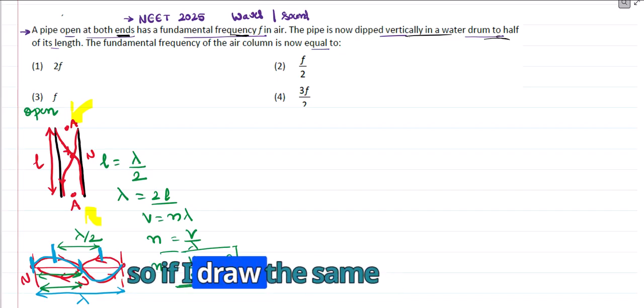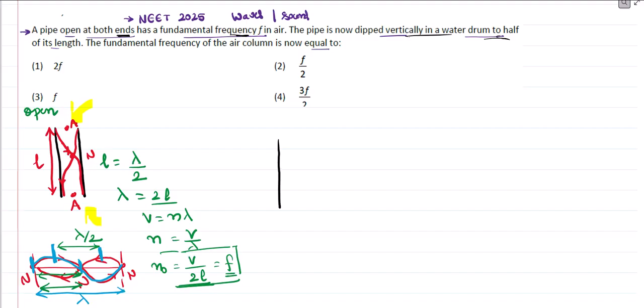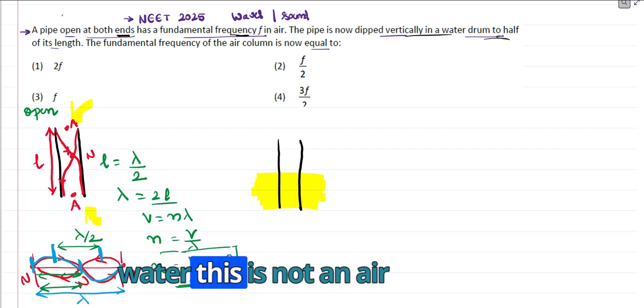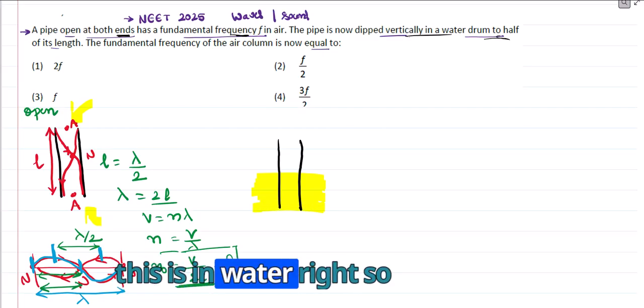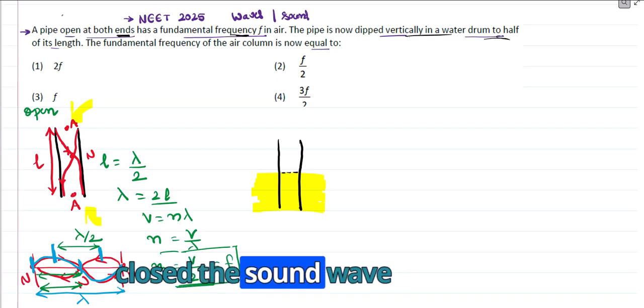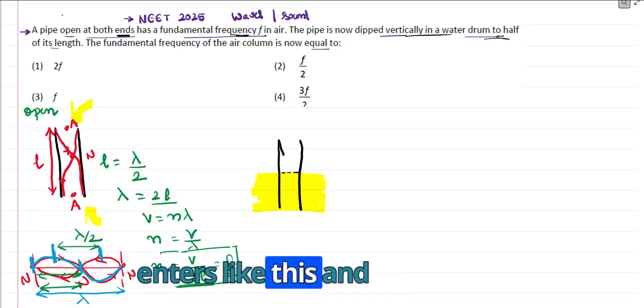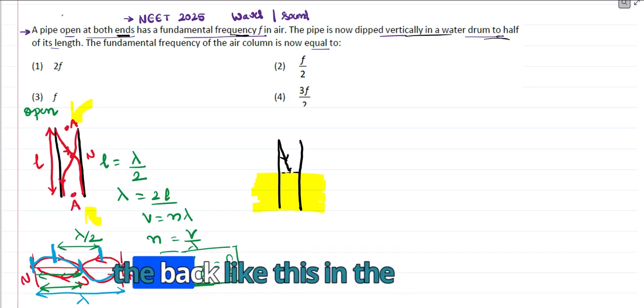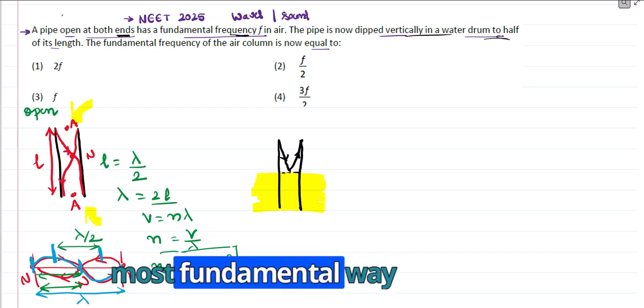So if I draw the same pipe now, half of it is in water. This is not in air, this is in water, right? So this end is closed. The sound wave enters like this and reflects back like this in the most fundamental way.